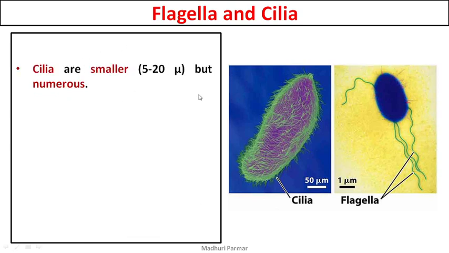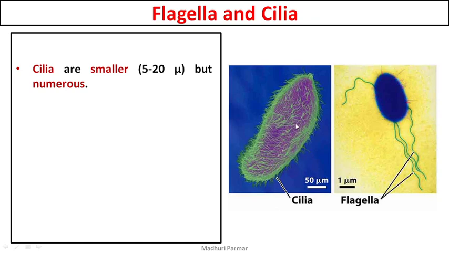Now let us talk about cilia. Compared to flagella, cilia are very small in size. They are 5 to 20 micron long, but they are numerous. Here in this picture, what you are seeing is actually a paramecium. This paramecium has these green colored cilia. Can you see how many cilia are there?